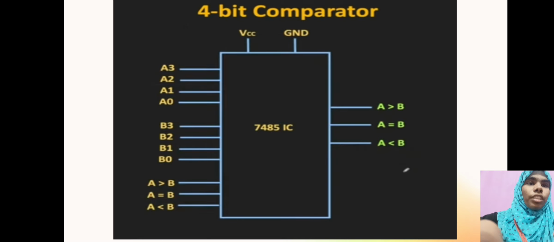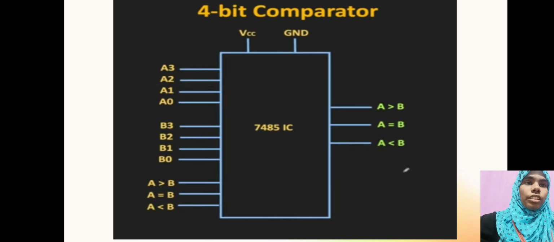This is a 4-bit comparator block diagram. There are two inputs A, B. The 4 bits of A are A3, A2, A1, A0. B has 4 bits, B3, B2, B1, B0.